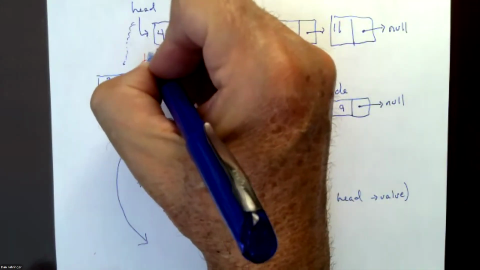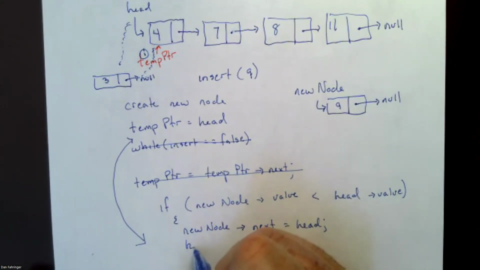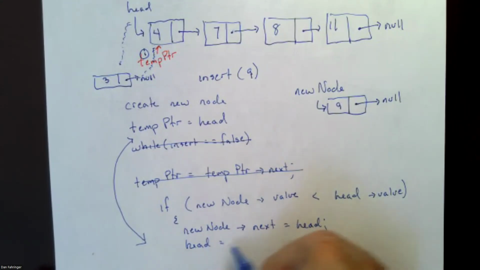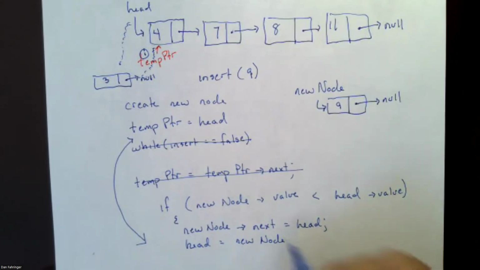We need this to be done first so we don't lose our list. Now that second line, head gets the value of new node, gets the address of new node.